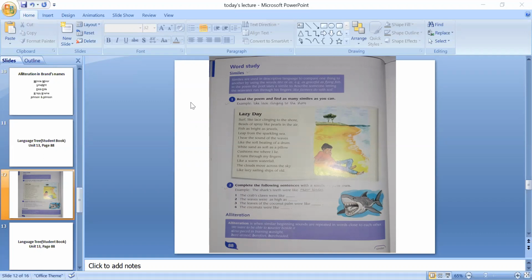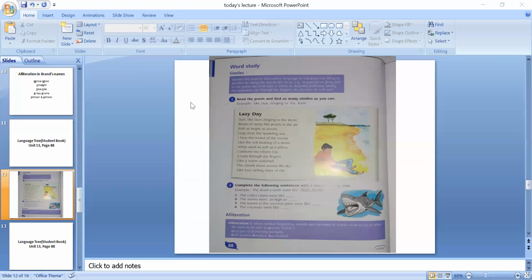Okay, so simile is a comparison. Thank you, Ibra. Simile is a comparison of two different things. For example, as graceful as flying fish. Got it? We read this poem yesterday, so we are not going to read it again.